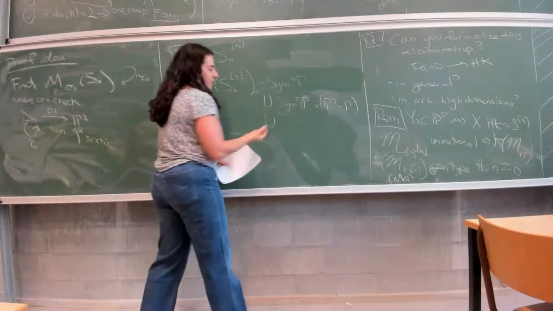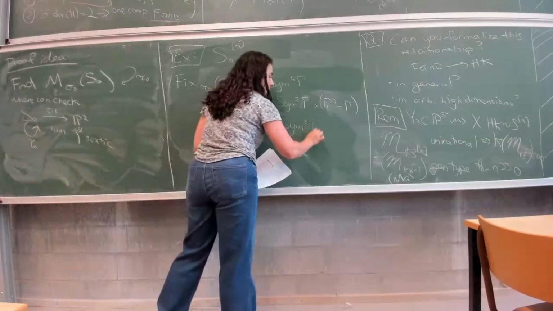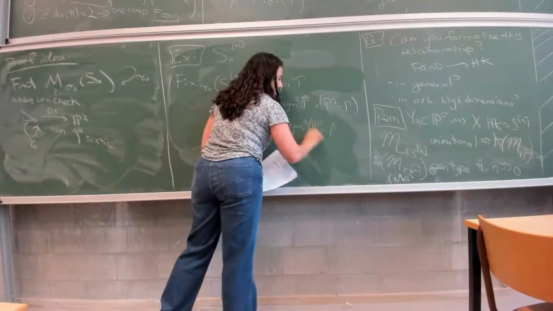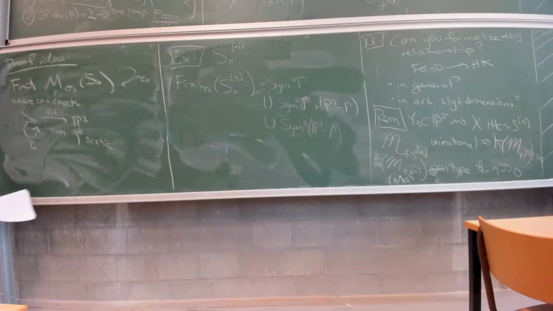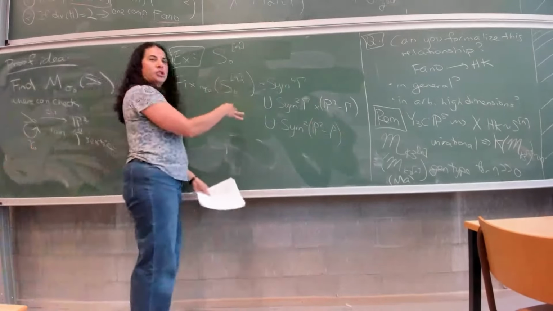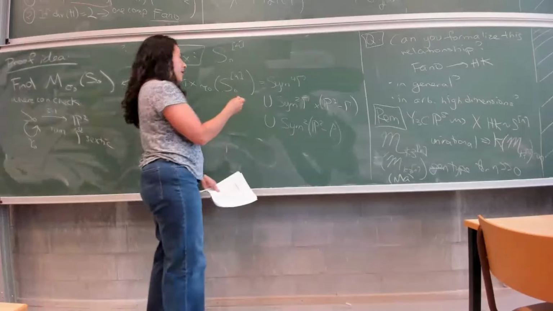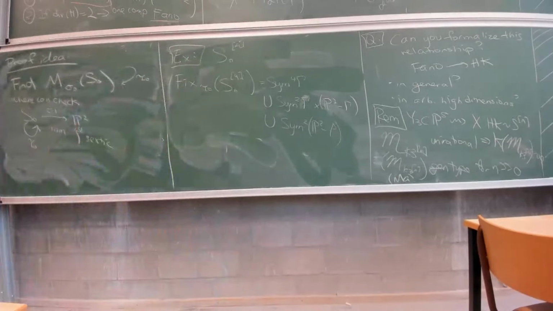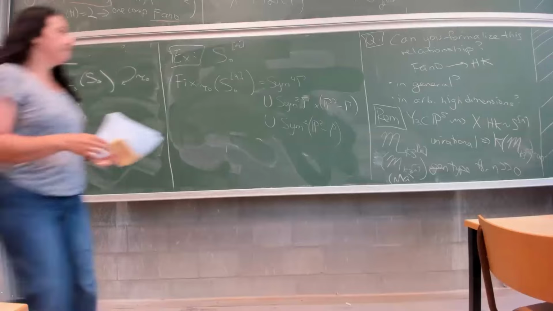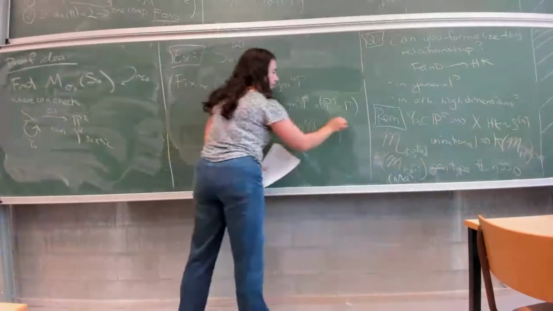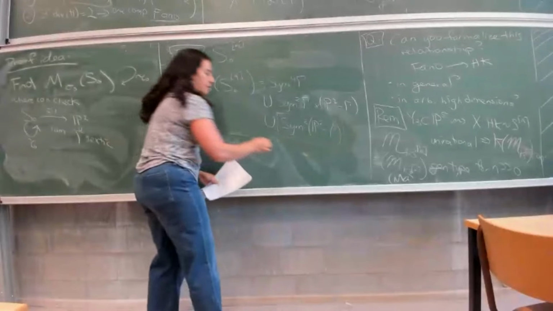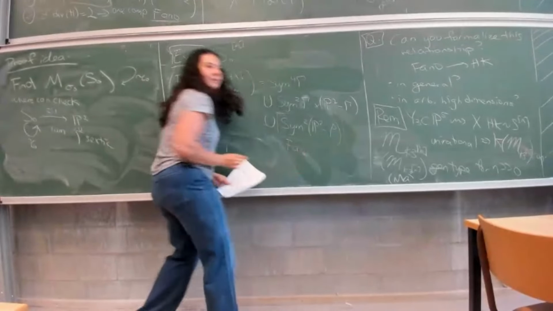Or I can just pick 2 points on P2 minus my curve. Again, this is sort of a cartoon picture, but what you'll notice is that now I have 3 components. This one, Sym2 of P2, is Fano.